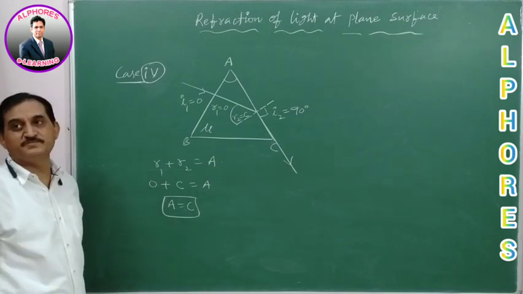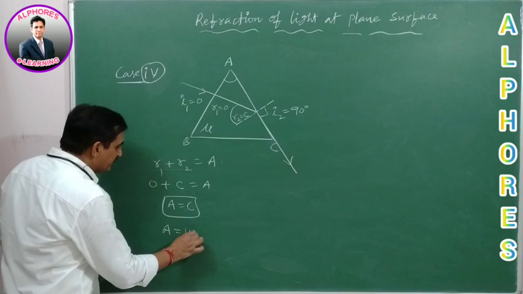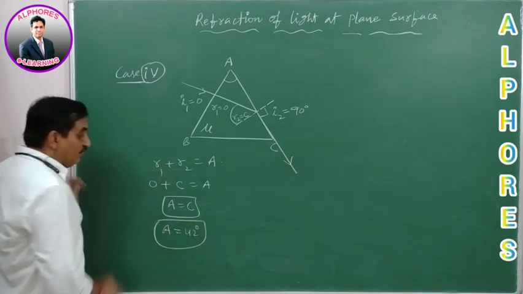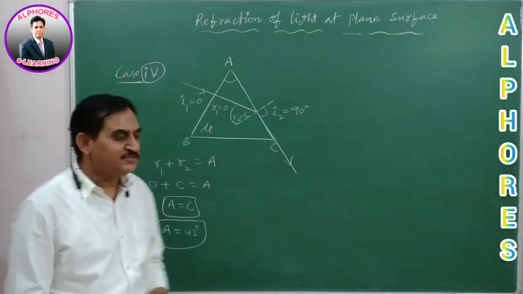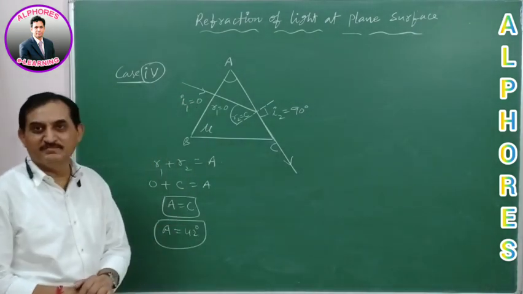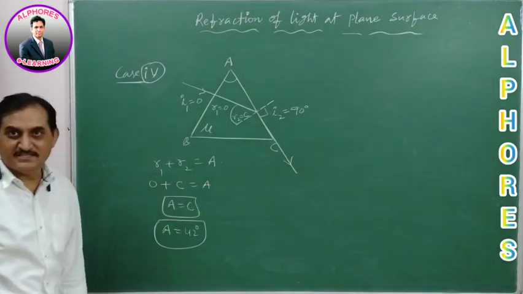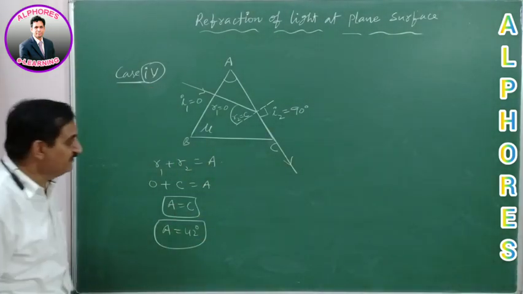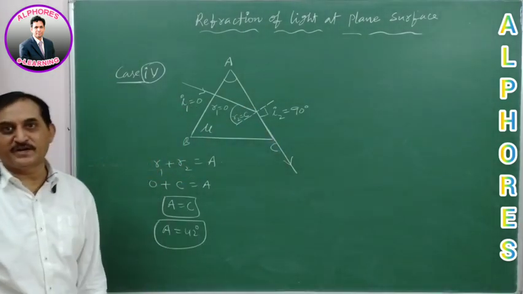If this prism is made of glass, the critical angle is 42 degree. For this angle of prism, when a ray is incident normal to the first refracting surface, the emergent ray definitely grazes the second refracting surface.